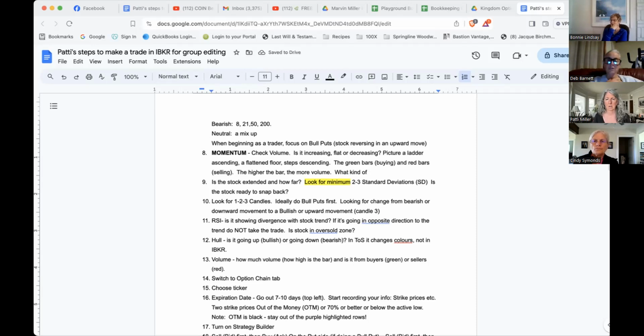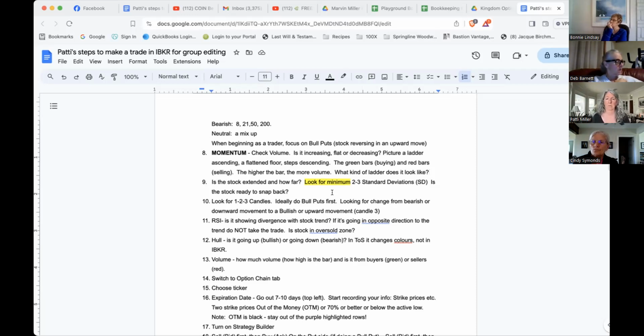Do we need the explanation of the color of the candles? Is it down here, you mean? No, right where we're dealing with volume. To me, when you're saying candles, I'm thinking you mean the stock candles, not the volume bars. No, I'm talking about the volume bars.